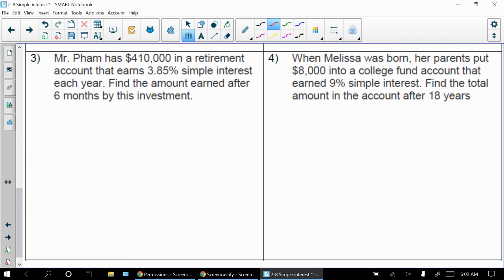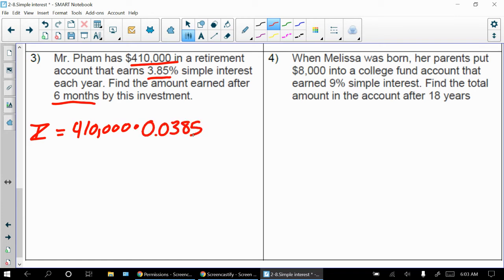Mr. Pound has earned $410,000 in retirement accounts. He earns 3 and 8,500 simple interest for each year. Find the amount earned after 6 months. Okay, so we are looking for interest of a large amount of retirement. Everybody wants to look forward to retirement.